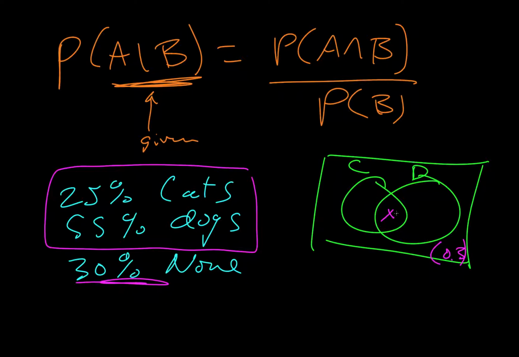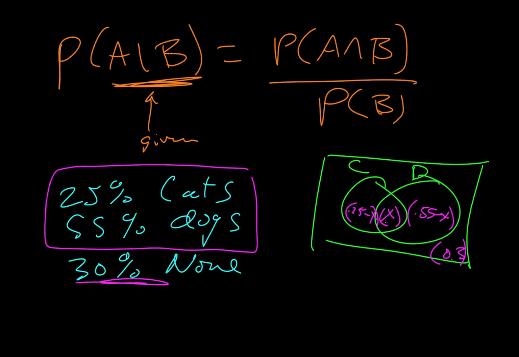We know that the entire circle of C would be 0.25. And so if we just want this piece, it's 0.25 minus x. And this is similar thinking, 0.55 minus x. Okay, so that's our Venn diagram.